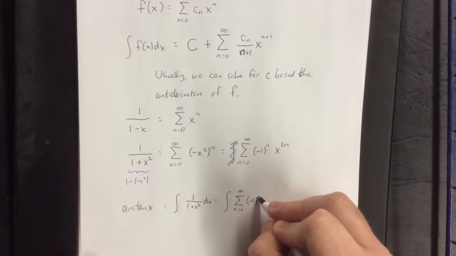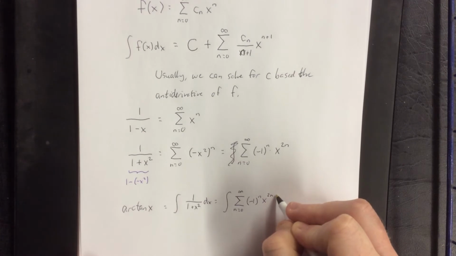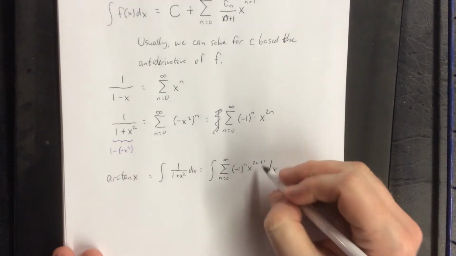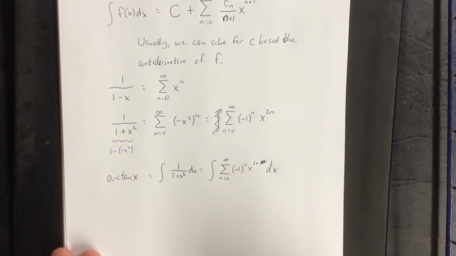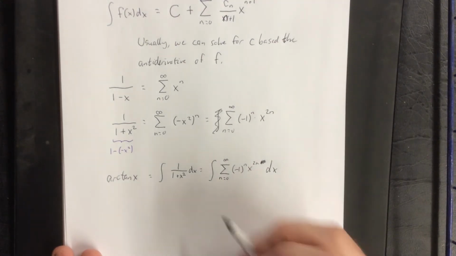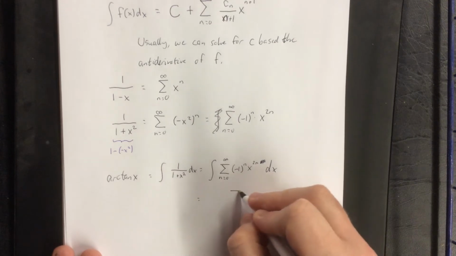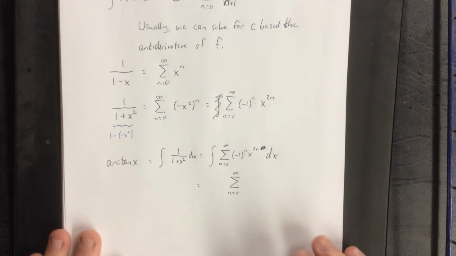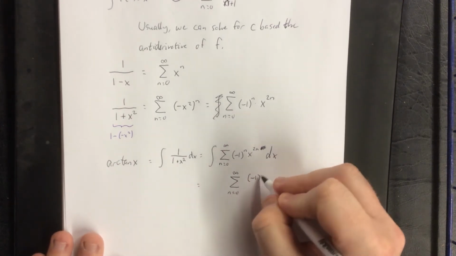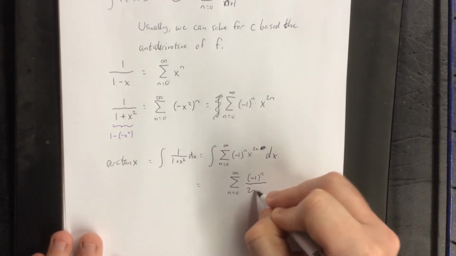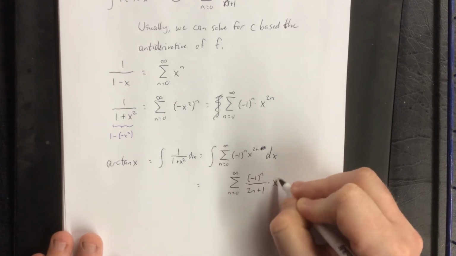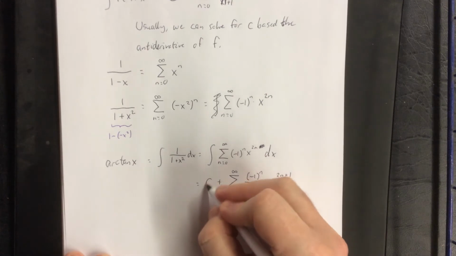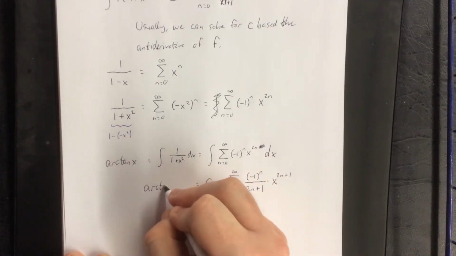As we demonstrated just above, the power of x is going to go up by 1, and we're going to divide by the new power. So this will give us negative 1 to the n over 2n plus 1 times x raised to the 2n plus 1 power. And of course, there will be a constant of integration associated with this.